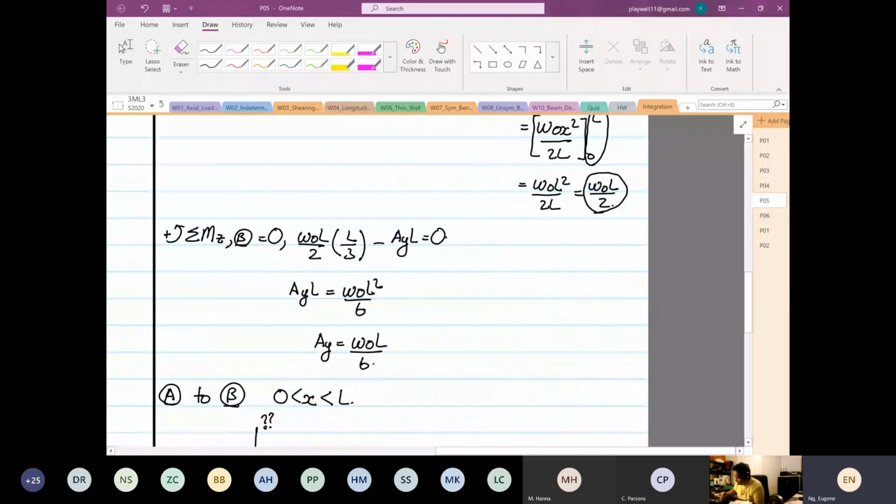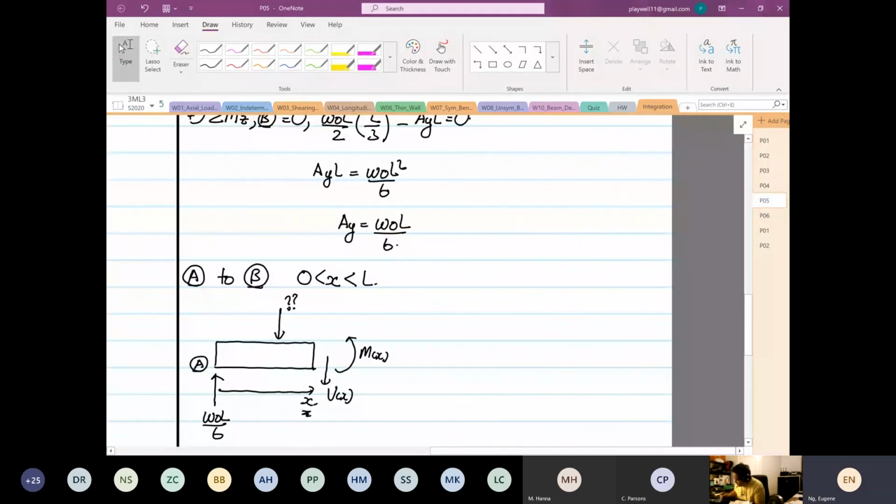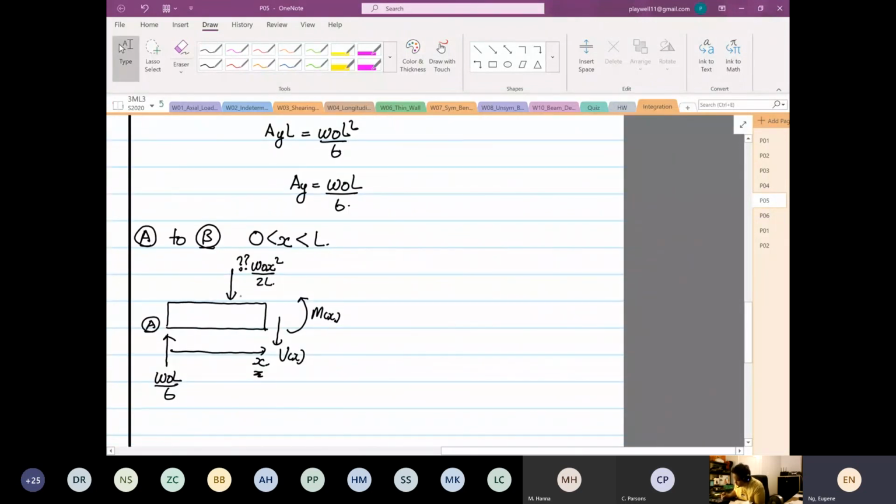Okay, so from here we know that this is equal to omega naught x squared over 2L. We also know the distance from here to here is x over 3. Positive is going up again. So this is the easy part. Once you got that done, it's equal to 0.